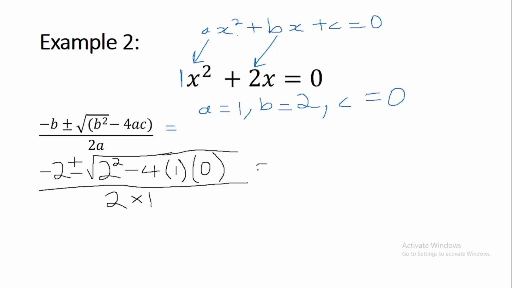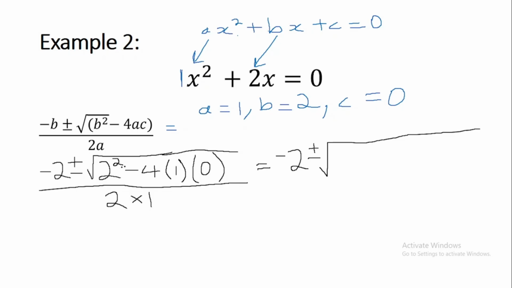Alright, so let's see what that's equal to. We're going to have our negative 2 plus or minus the square root of 2 squared.